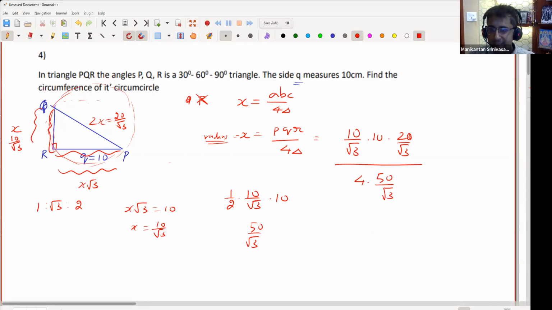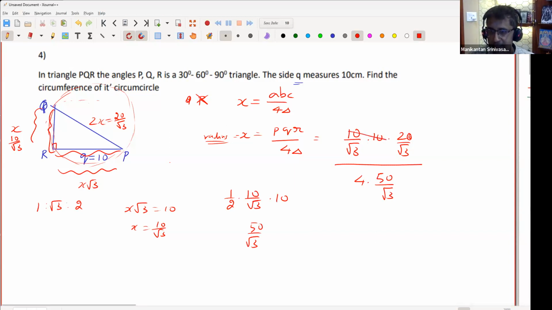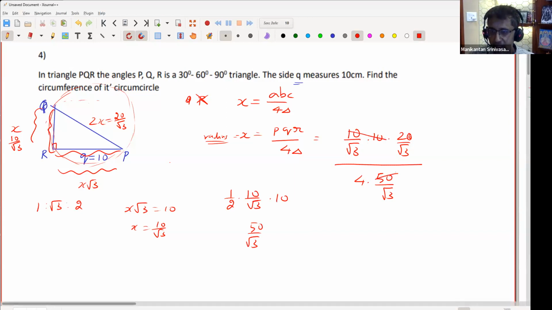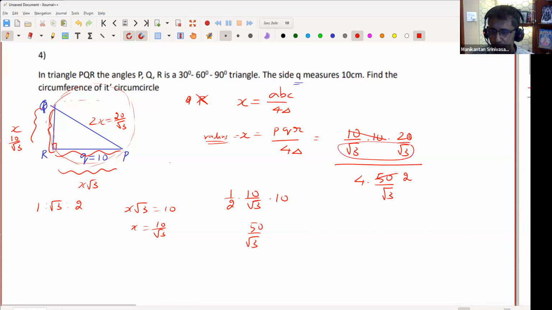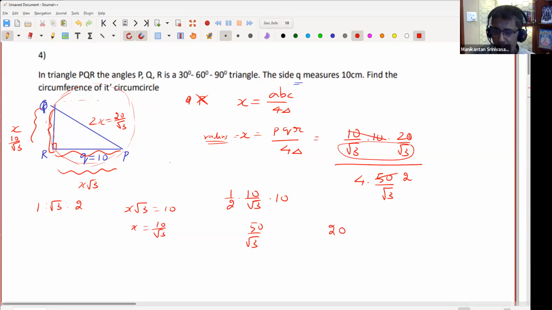Okay, so let's multiply and see what we get. Let's look for some cancellations. 10 times 10 is 100, which cancels off with this 50 as 2. I could either cancel the root 3, or I can multiply the two root 3s to become 3. So in the numerator, I have 20 upon 3. And in the denominator, I have 8 upon root 3.